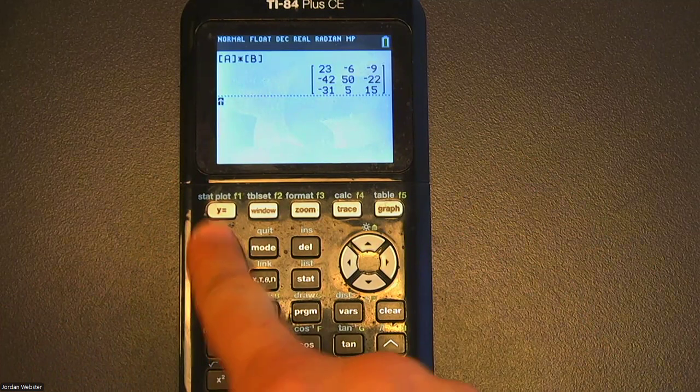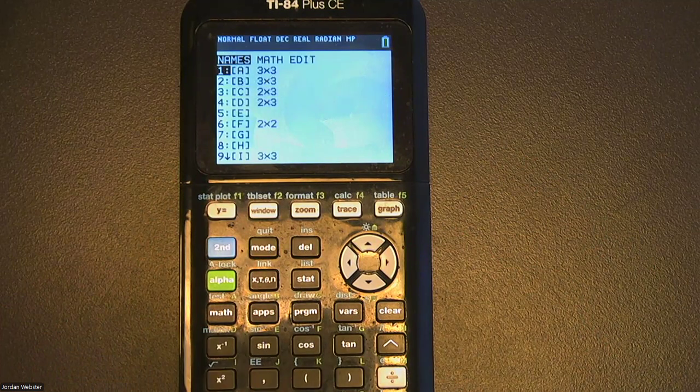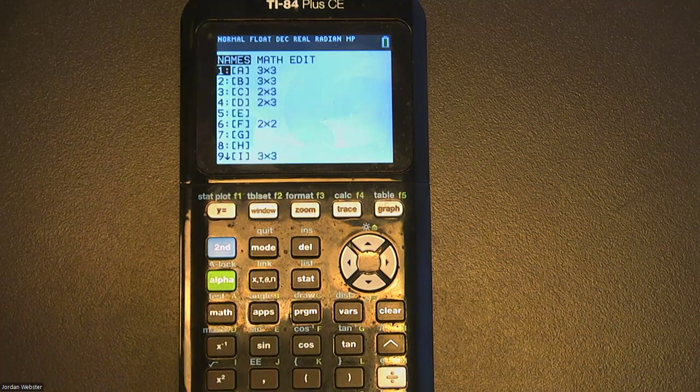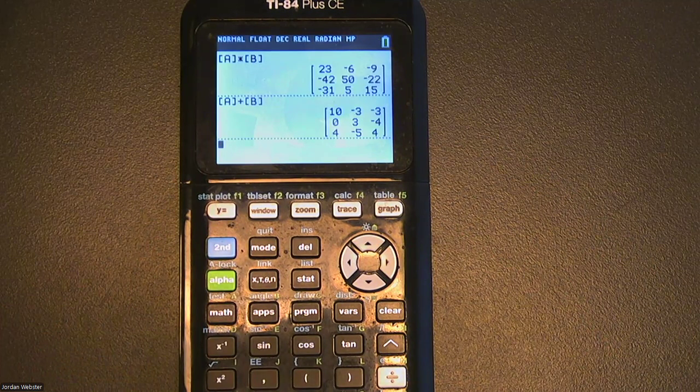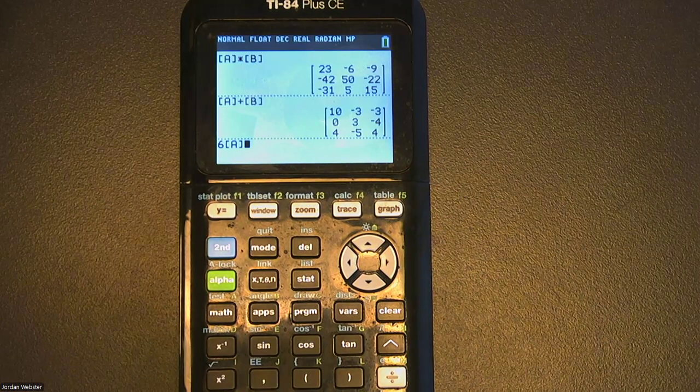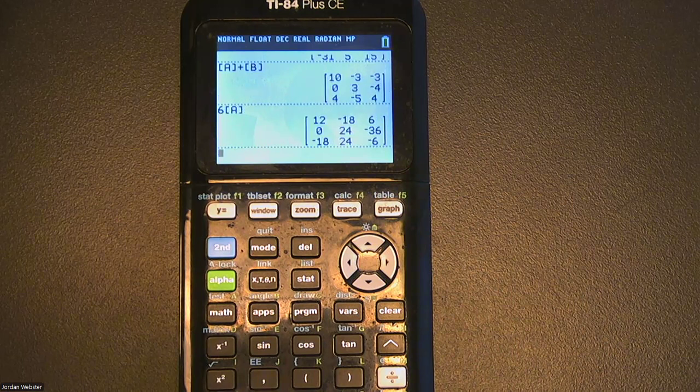You can also, now that I have matrix A and B, actually add the two matrices as well. Or you can multiply a matrix by a constant, or scalar multiply a matrix, if I want.